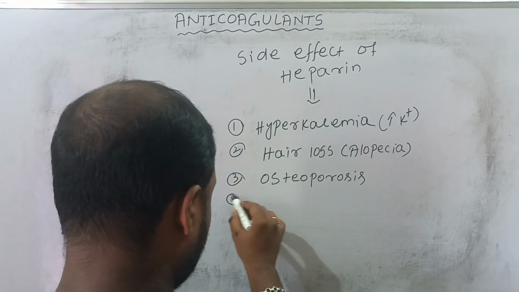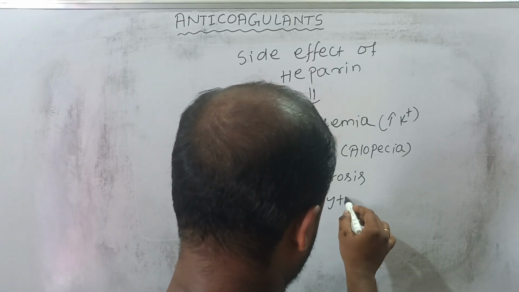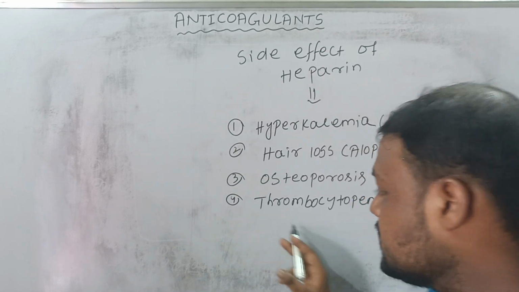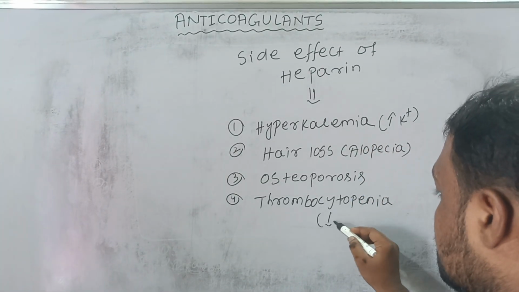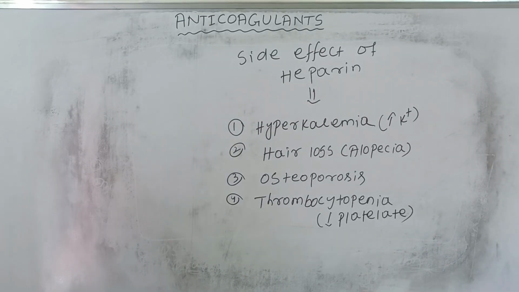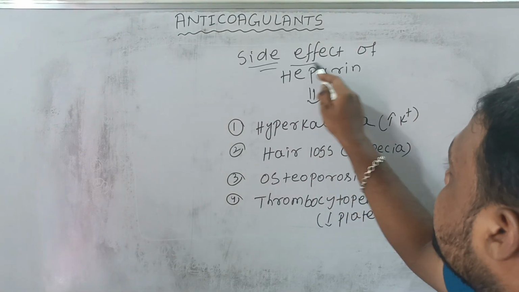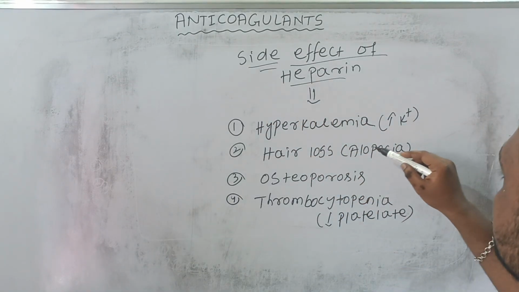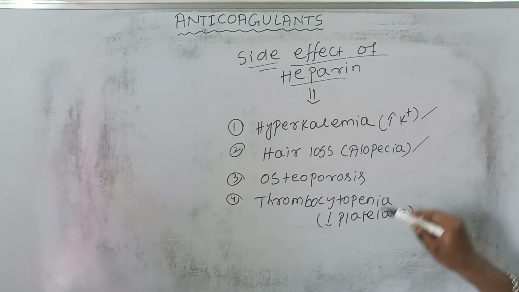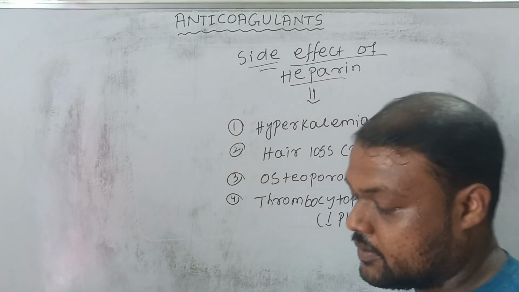Then fourth one is thrombocytopenia, which means decreased platelet count. So the side effects of heparin: first one is hyperkalemia, increased potassium level. Second one is hair loss, that is alopecia. Third one is osteoporosis. Fourth one is thrombocytopenia.